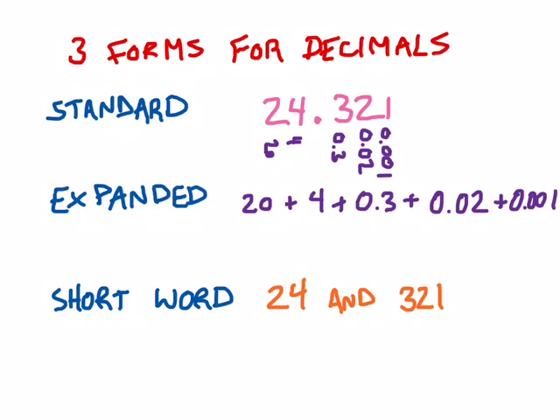So if we look at this number up here at the top, we have tenths, hundredths, thousandths. So I'm going to name this 321 thousandths. And I'm probably going to run out of space, but that's the idea. So 24 and 321 thousandths is how I say this in short word form.